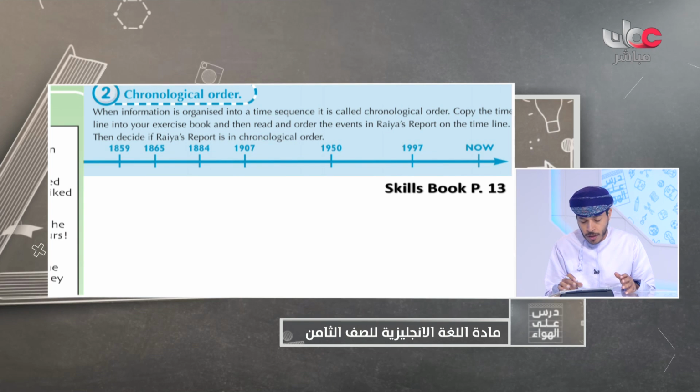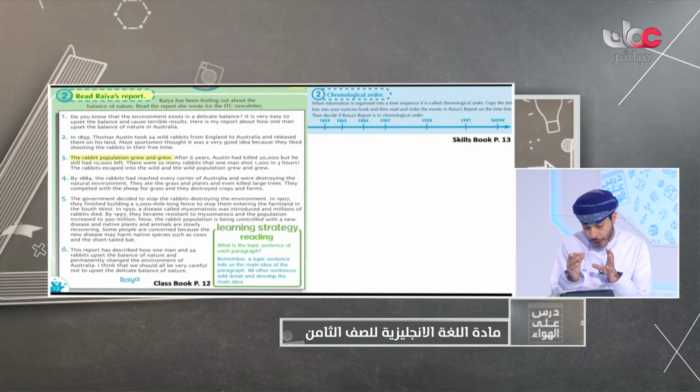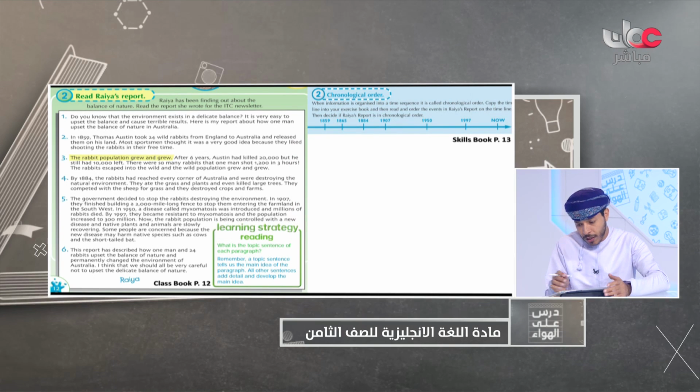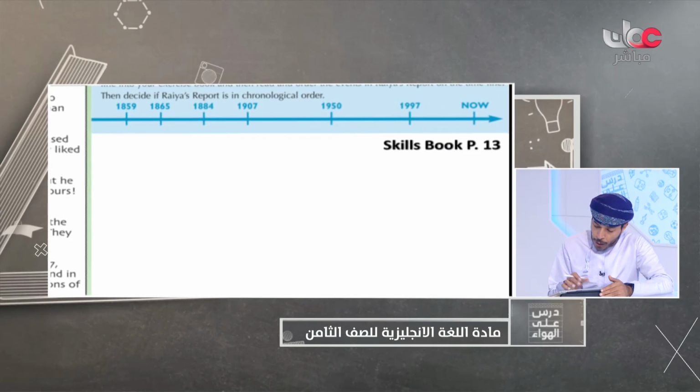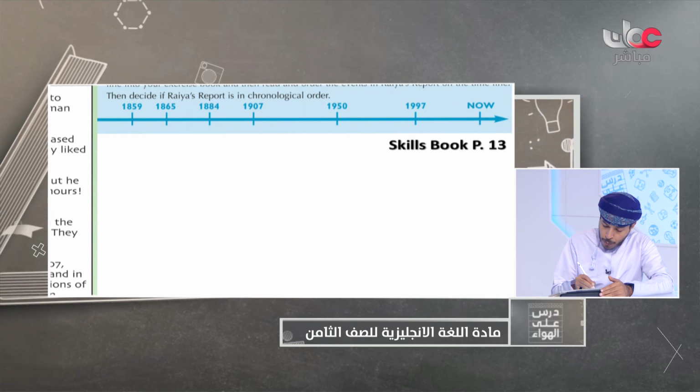For the case of this reading text, as we can see, it is already organized into a time sequence. And Raya, when she developed this report, organized it in a chronological order. So we can identify these periods of time.